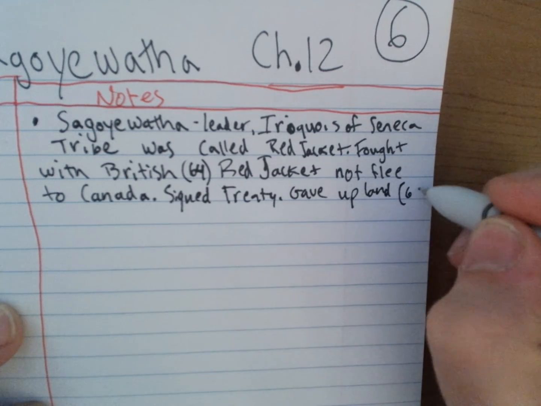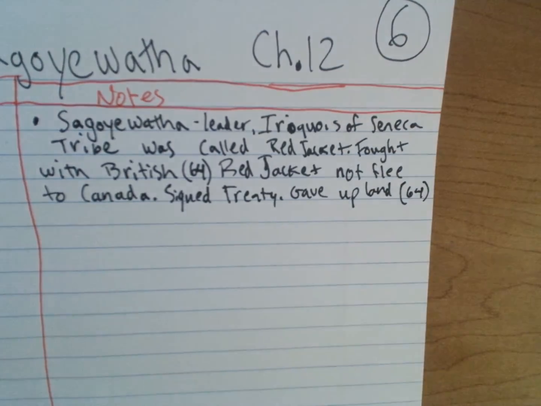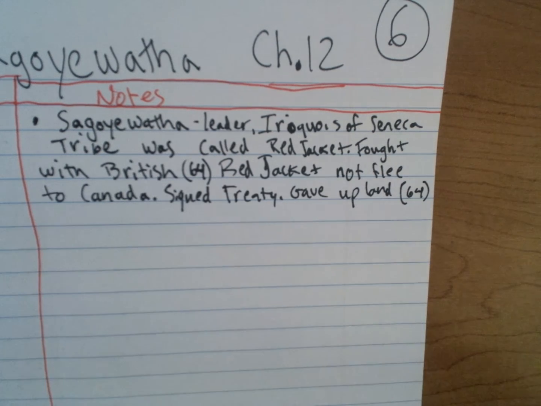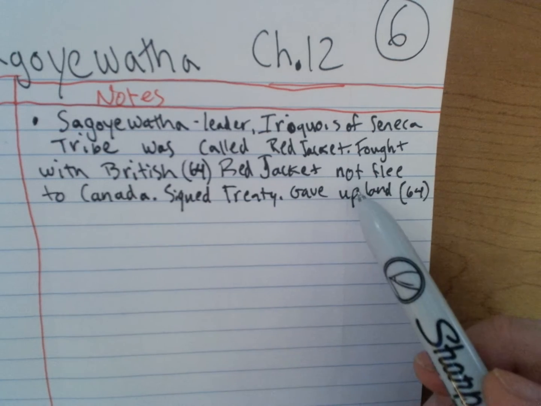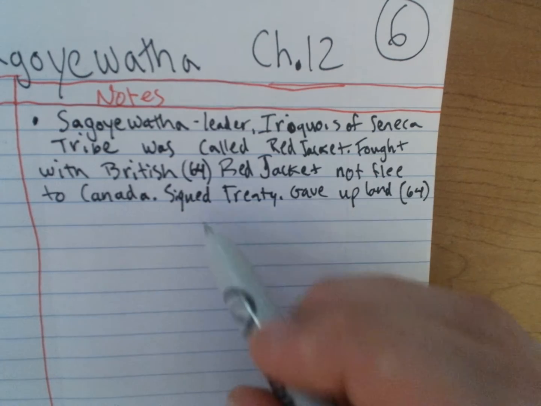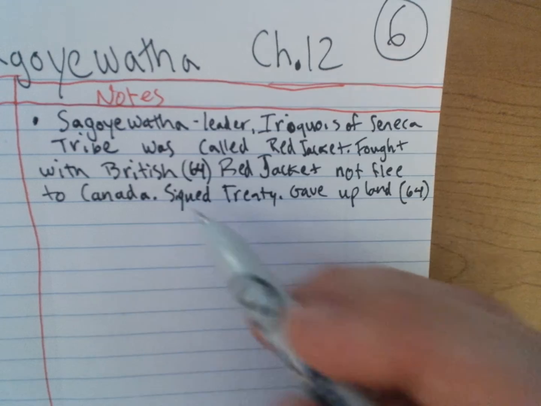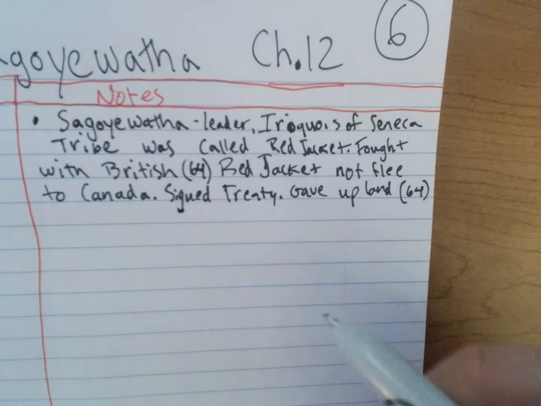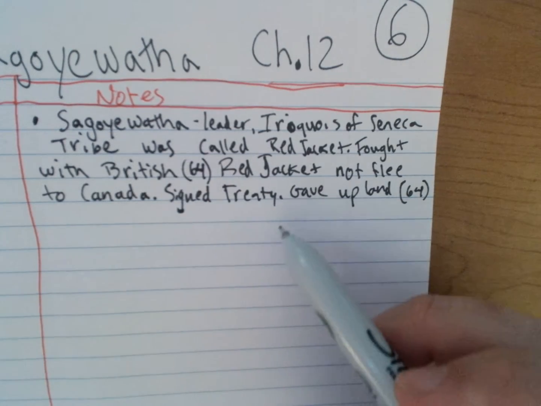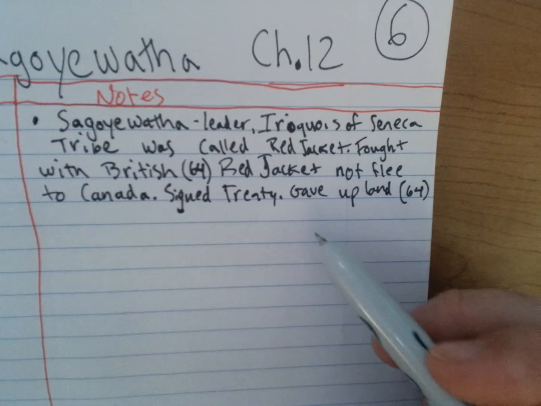And that's still on page 64, so I'll put at the end a little note of where that came from. And now we can expect that we're going to be adding some information about religion. So again, Red Jacket, not flee to Canada, signed, it looks like a Q. Oh, QL. Signed treaty, gave up land.